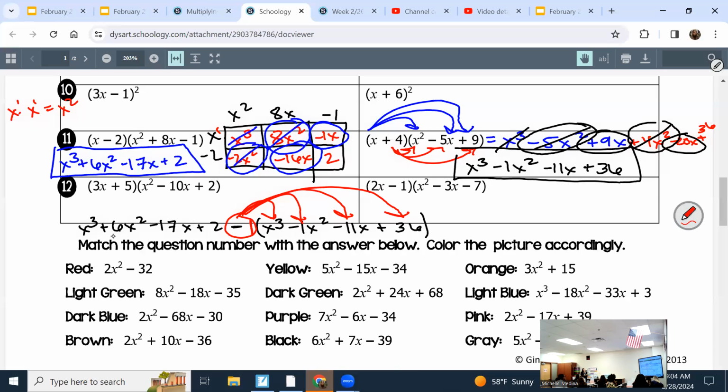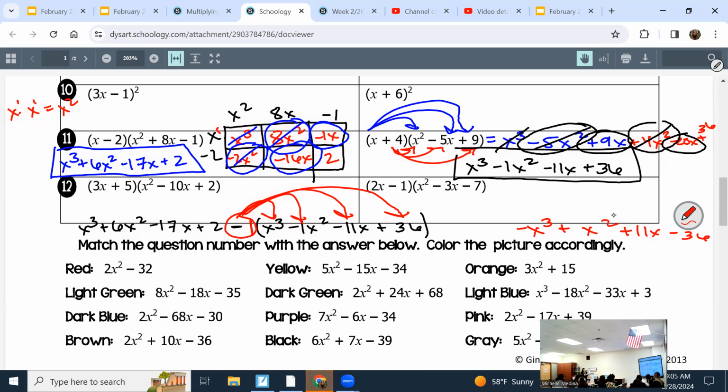So then it becomes, we're minusing x cubed, adding x squared, adding 11x, and subtracting 36 from this other polynomial. Okay, so this changed all the signs.